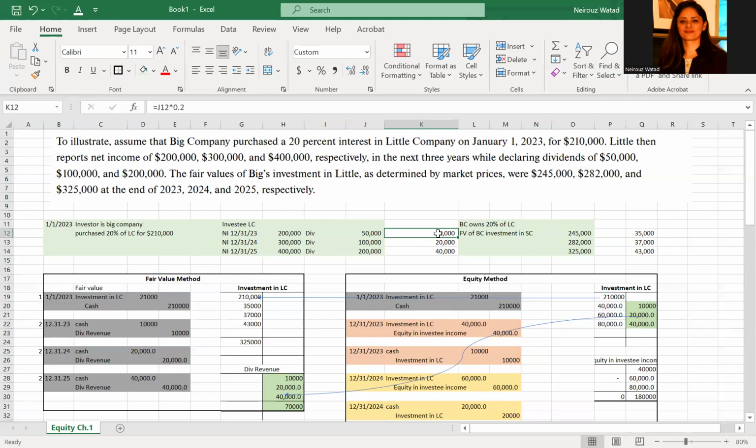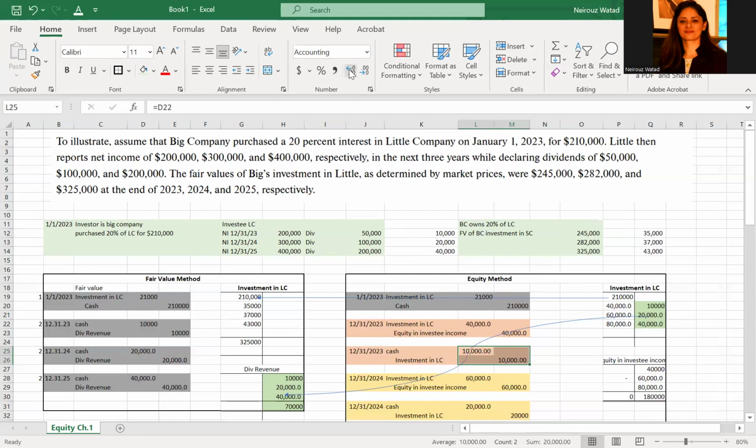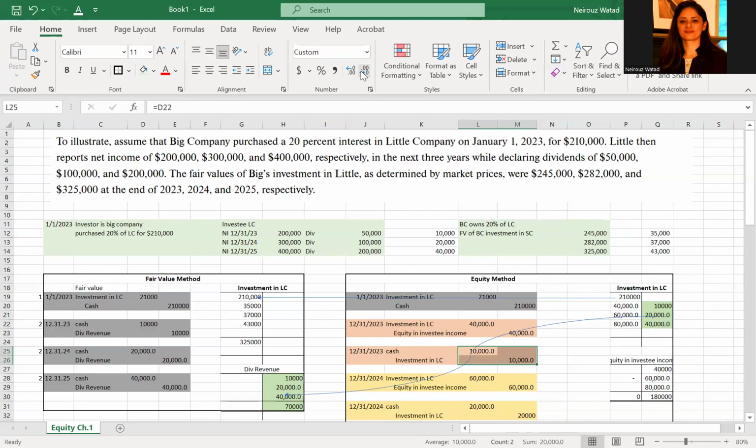So debit cash and credit investment in LC, $10,000. So why are dividends under the equity method not considered income?